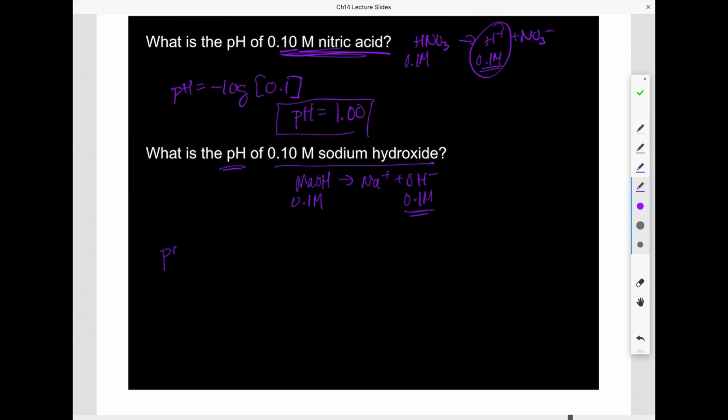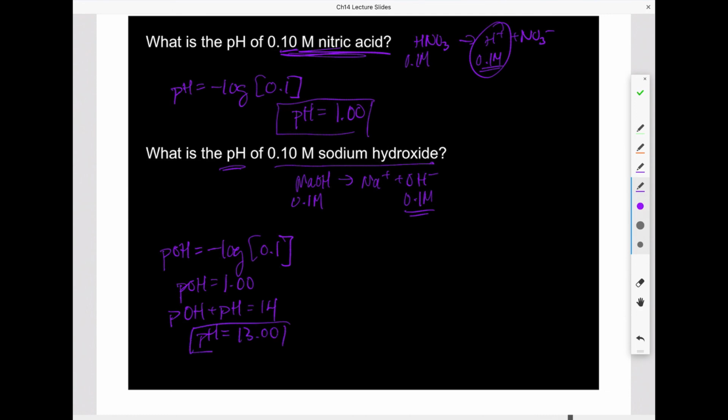So I could do this, and that's going to give me pOH is equal to what? Right, 1. And if I know that pOH plus pH has to equal 14, then pH is, right, 13.